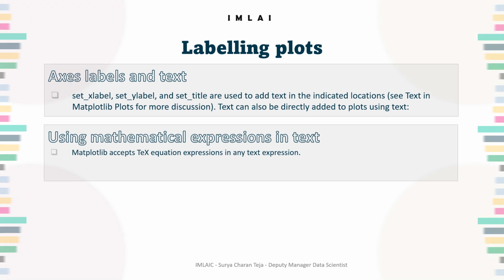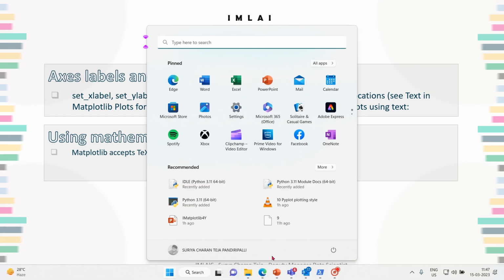For example, if you want to write sigma_i is equal to 15 in the title, we can use a TeX expression surrounded by the dollar sign. Then it's possible to write it. Let's write an example and see.